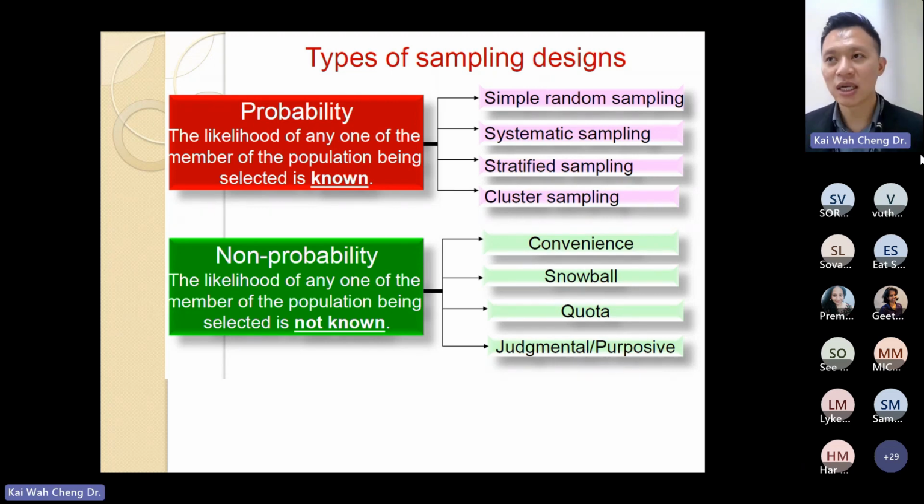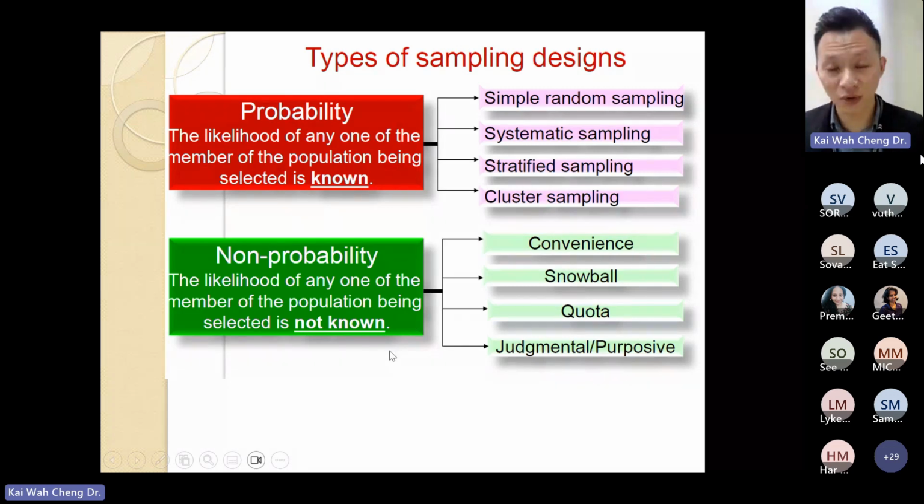And then in terms of sampling technique, you can refer to this table. If your actual population size is known in your research, then we will go for probability sampling techniques. So these are examples of probability sampling techniques.